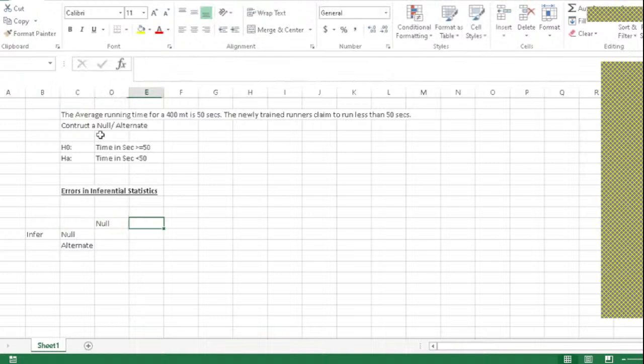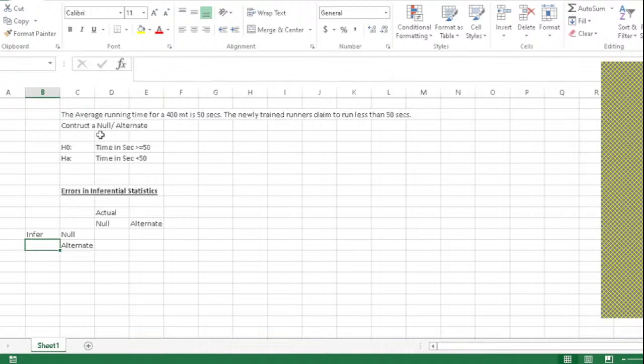Null and alternate only. Actually, these two situations can happen: either there is no change, which is null, or there is change, that is alternate. And we also try to infer the same thing. These are actual and these are inferred.